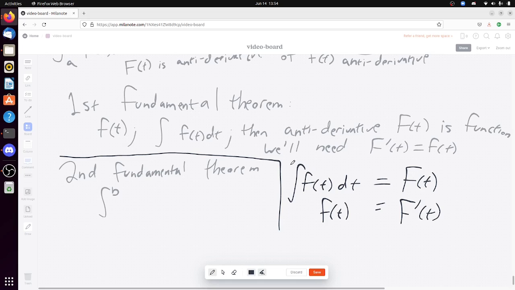So if you take the integral of f of t dt and then the derivative of the whole thing with respect to t, it spits out f of t. This is what the first fundamental theorem is getting at: the derivative and the integral are, in one sense, inverse operations.